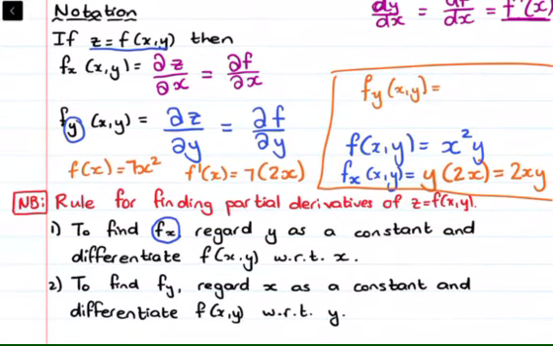So now it means that this one is a constant, meaning you keep it as it is. So you have x squared, and then you differentiate with respect to y. And what is the derivative of y with respect to y? It is equal to 1. So then the answer becomes x squared.